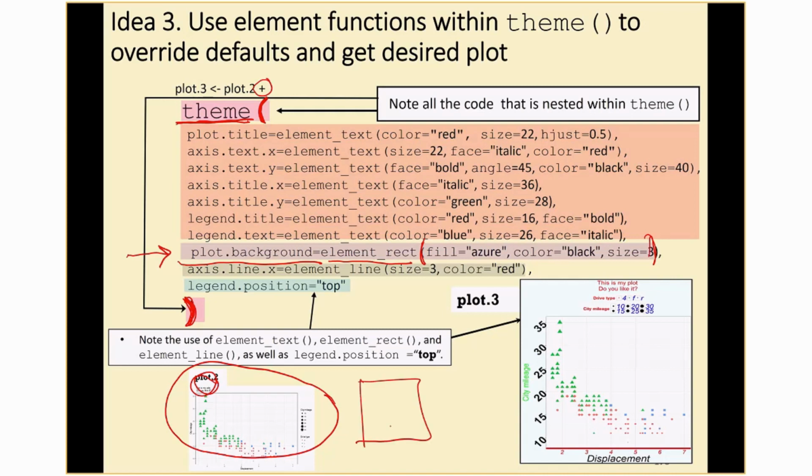So fill is the predominant color. Color is only the border. So we say fill equals azure. And if you look at this in color very closely, you can see that this background is azure in color. The specification of color and size is only going to control the border. So we said we want the border to be black and we want it to be of size 3.